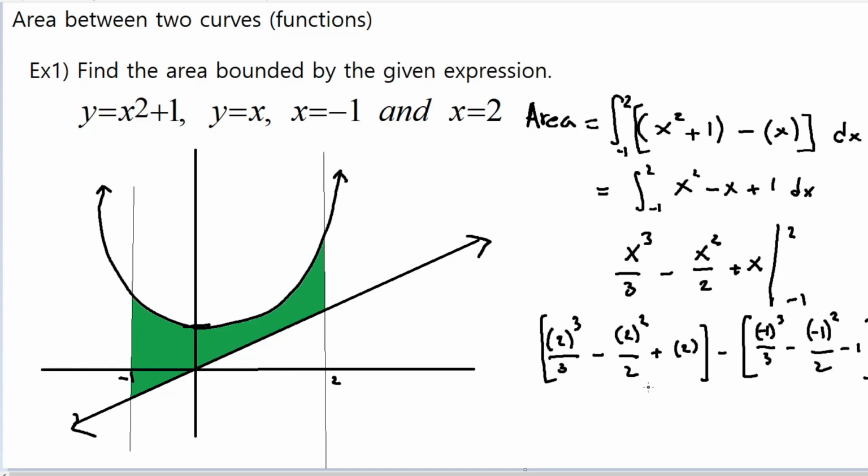If you calculate these values, you will get an answer of 9 over 2. And the area between these two curves from negative 1 to 2 will equal 9 over 2.